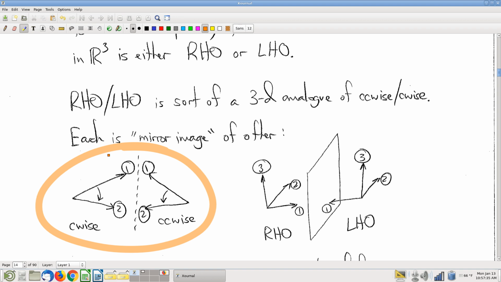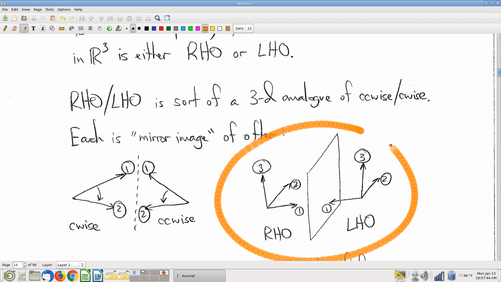If anyone's ever looked in the mirror at the clock behind you, it's backwards. Likewise, if you take a right hand and look at it in the mirror, it looks like that image person's left hand. Right and left hands are mirror images, just like clockwise and counterclockwise are mirror images.